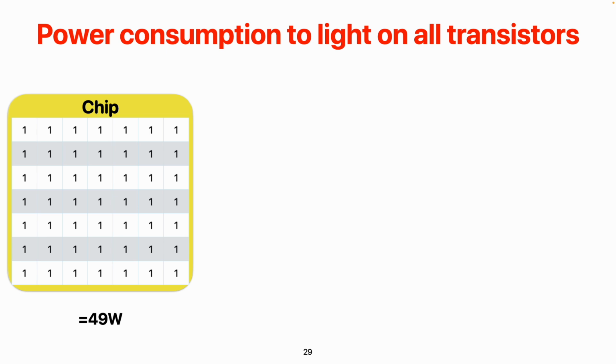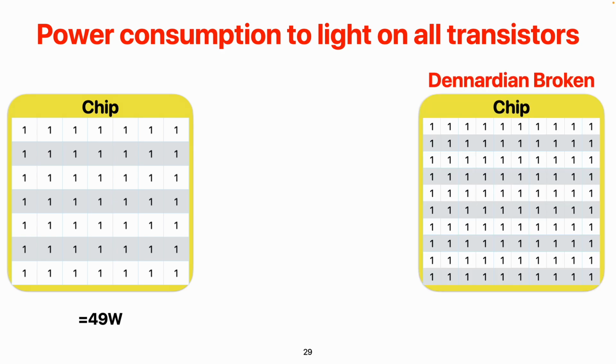And now say that I scale to the next node, which gives me twice the density, right? However, with the broken Dennard scaling, meaning that we are able to scale down the size of the transistor but the power consumption per transistor remains the same, which is pretty much the assumption of this question.